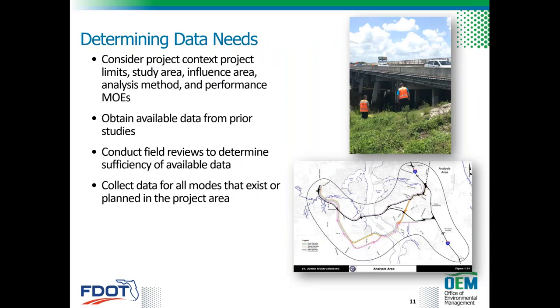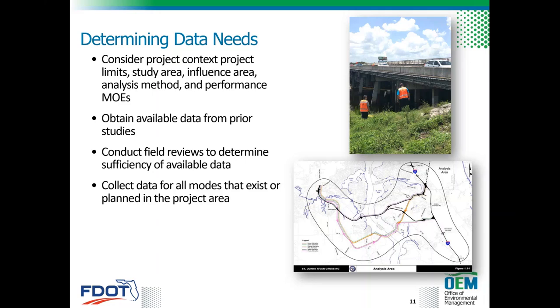So data required for traffic analysis depends on various factors, such as the project context, the limits, analysis methods, performance MOEs. And the data collection must include the traffic analysis area, which may at times exceed the project limits.